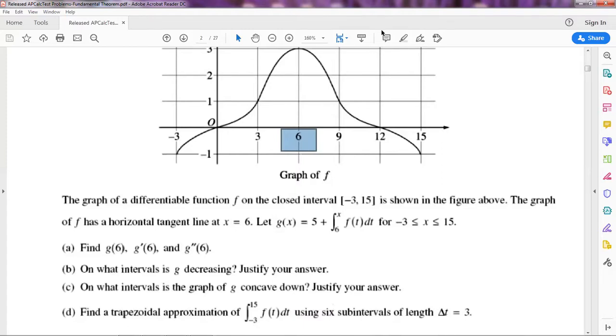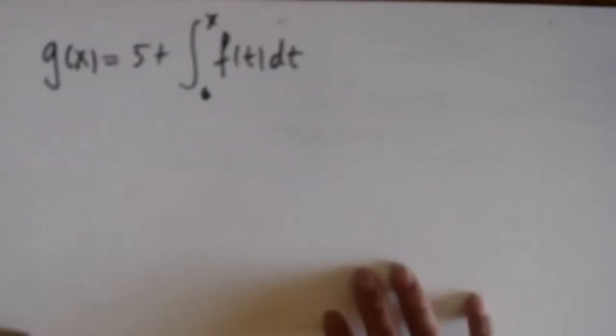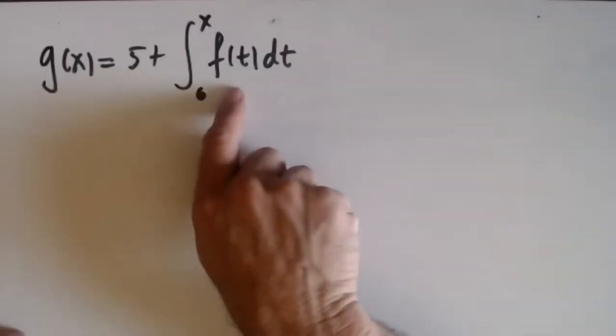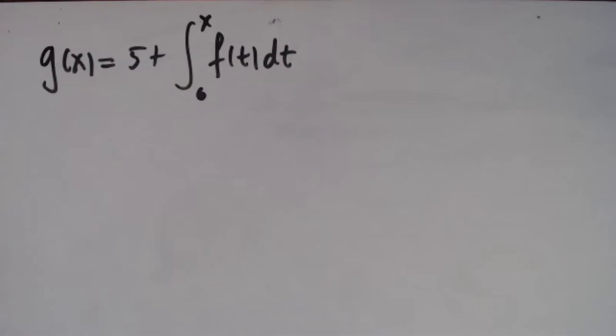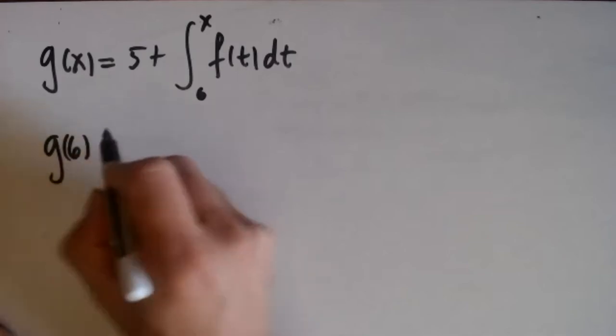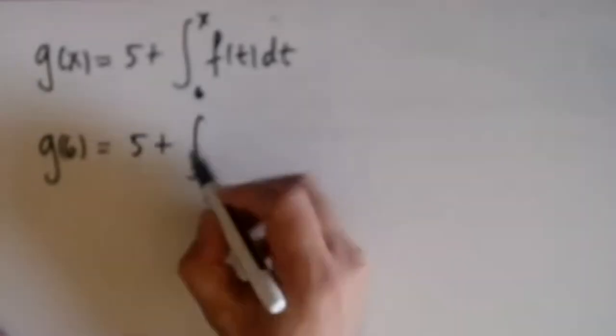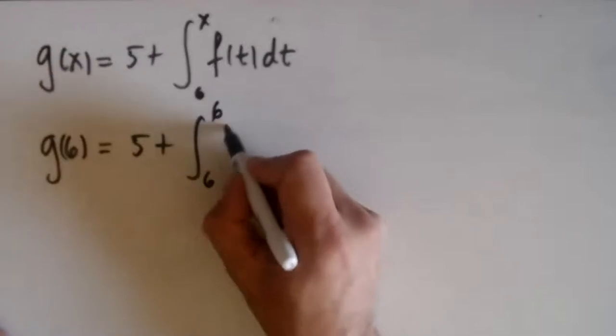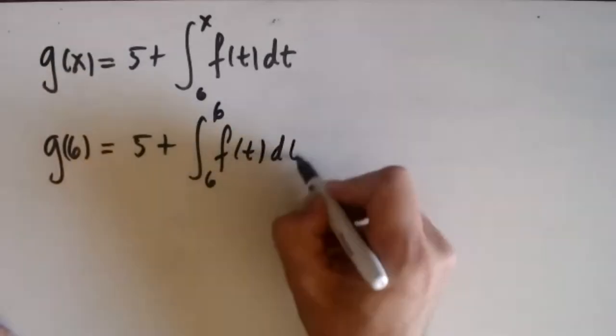Now, this is the function, and I want g of 6. g of 6 is 5 plus the integral from 6 to 6 of f(t) dt, correct?